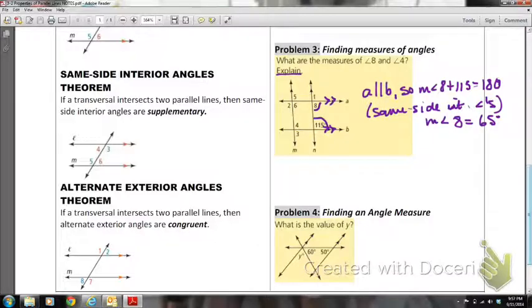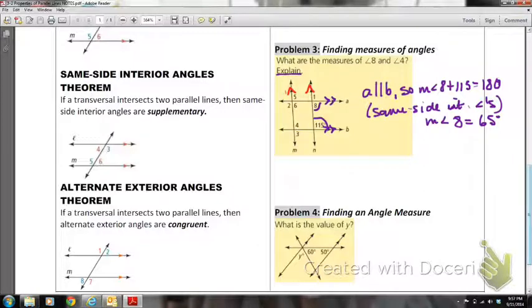Now the other angle that we need to look at is, we need to find the measure of angle 4. So let's look at the other two lines. The other two lines are M and N, and they have a matching parallel marking. That's a single parallel marking up on the top of those lines.